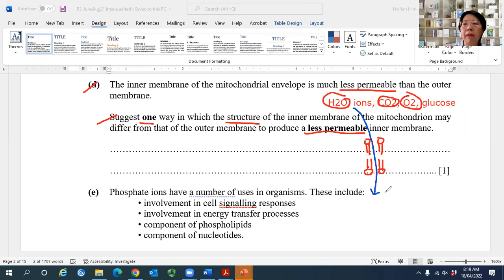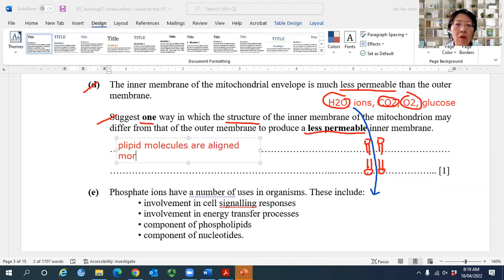So when you say the membrane is less permeable, that means to say this gap between the two phospholipid molecules is becoming smaller. So why is it becoming smaller? Most probably because the phospholipid molecules are aligned more closely due to saturated fatty acid tails.